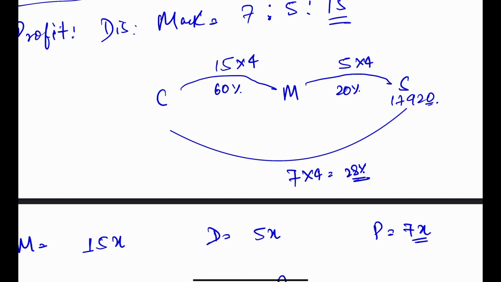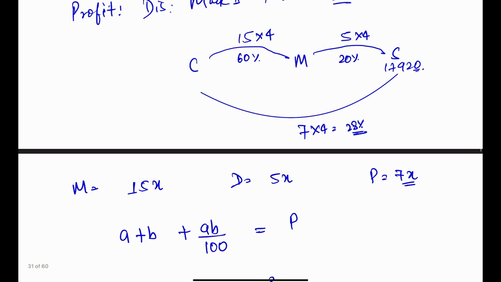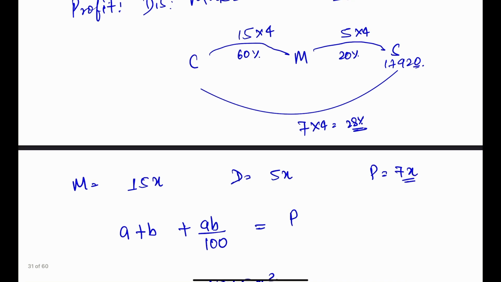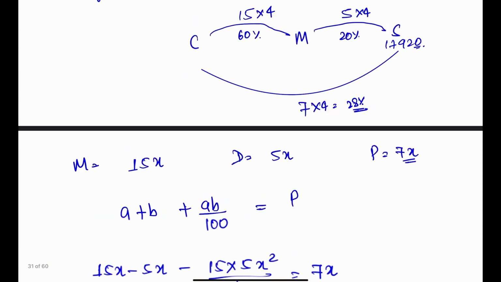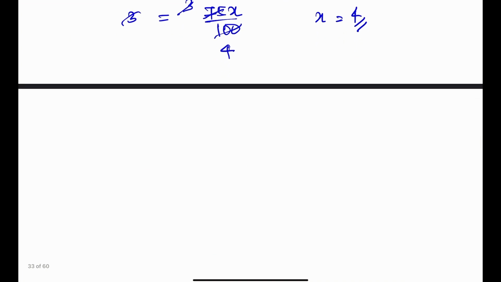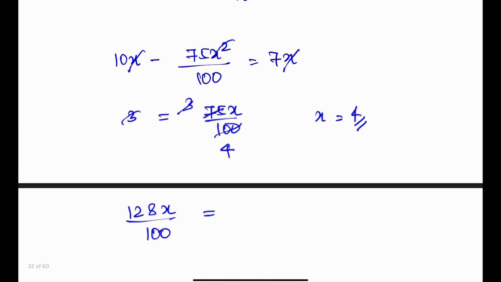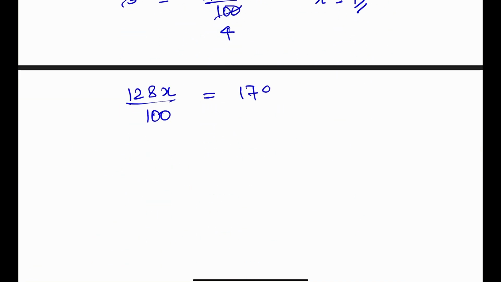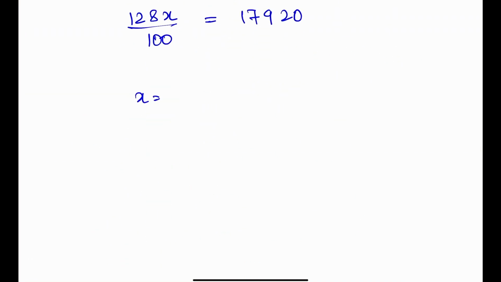Now it's easy. On the cost price we got 28% profit. So let's find 128 x upon 100, which will be 17920. So the value of x will be 17920 into 100 divided by 128.